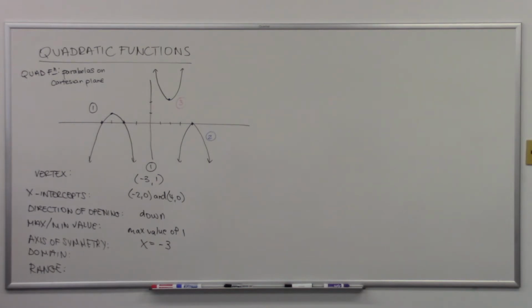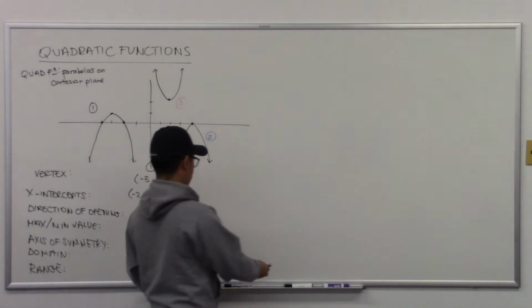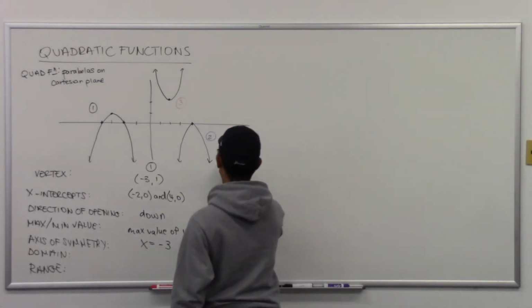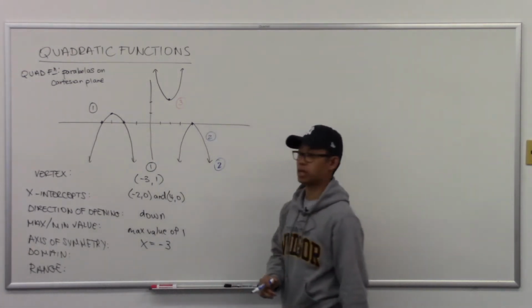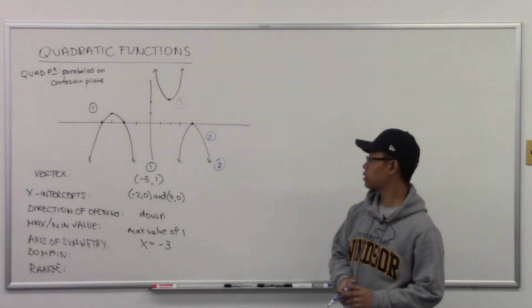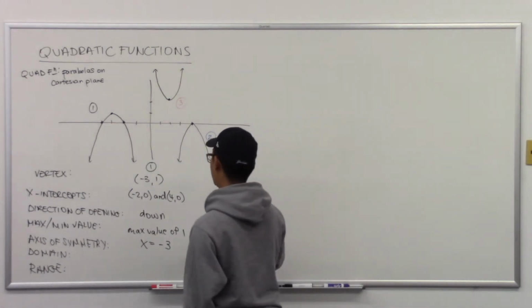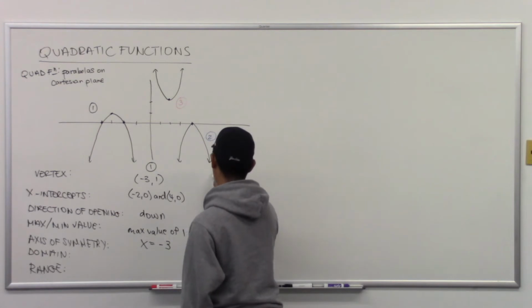Now we'll come back to domain and range for the 3 of them, okay? So Nick, you're next. For 2, what is your vertex? It is 4, 0. Very, very good.